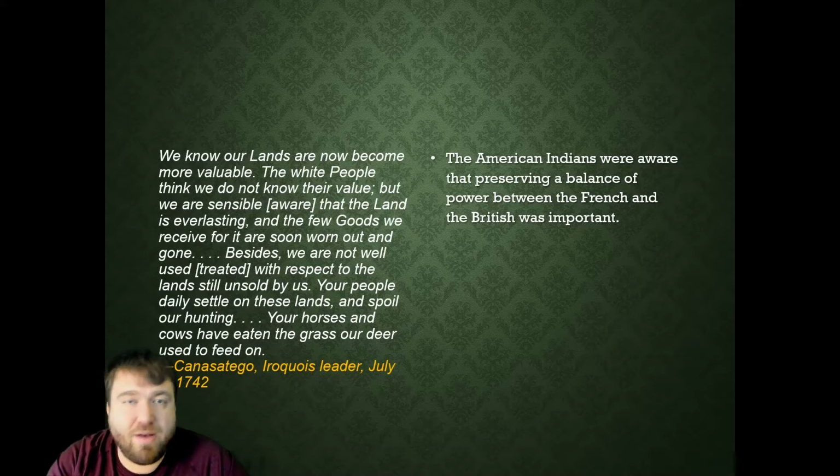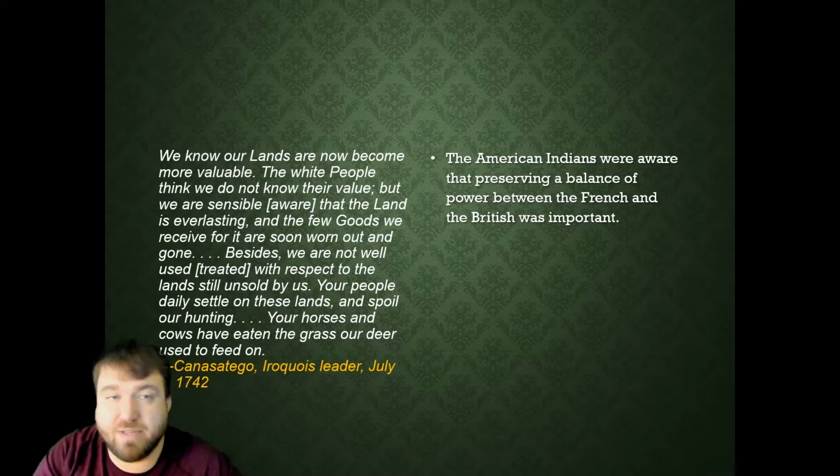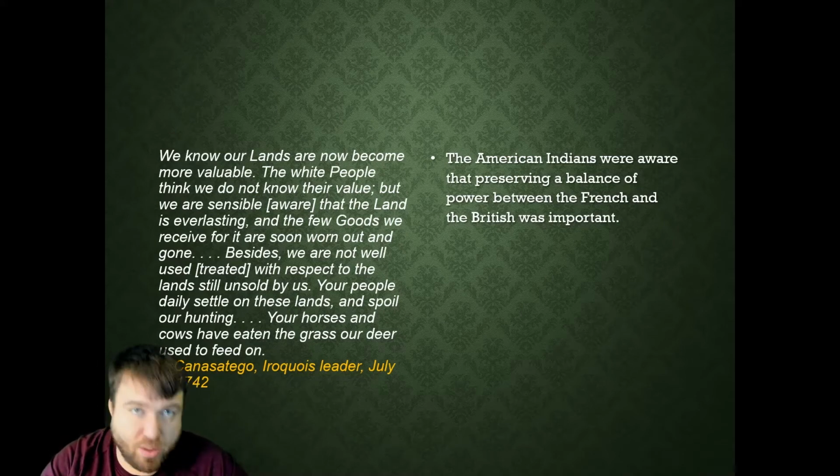They're going to get a benefit by having these two trying to compete for their alliance. However, if one side wins and completely drives out the other side, well, that's going to be a problem for the natives.